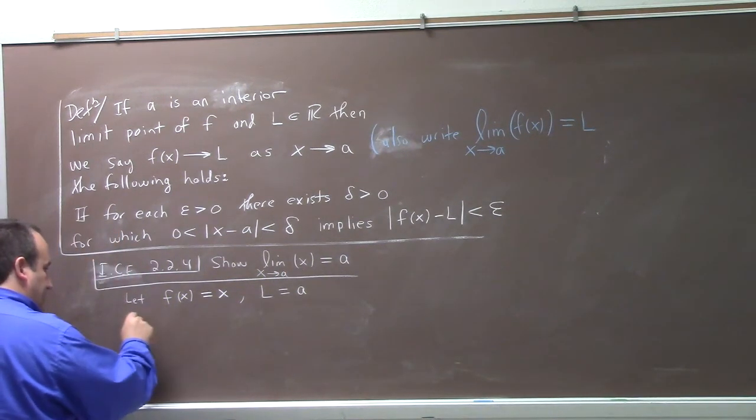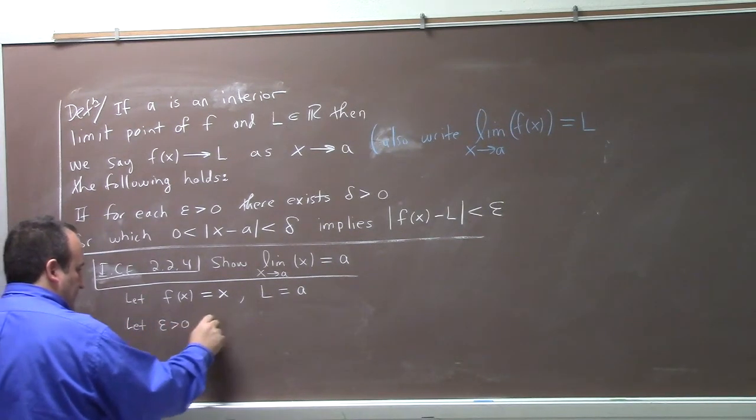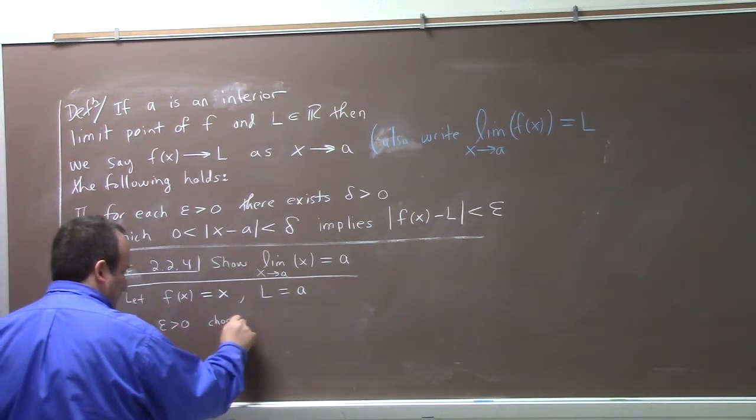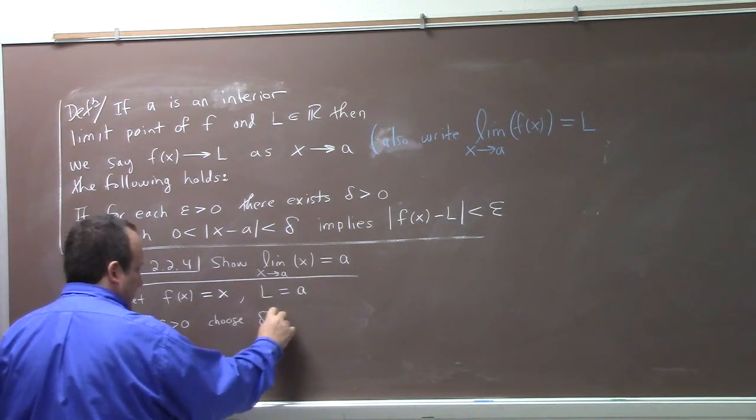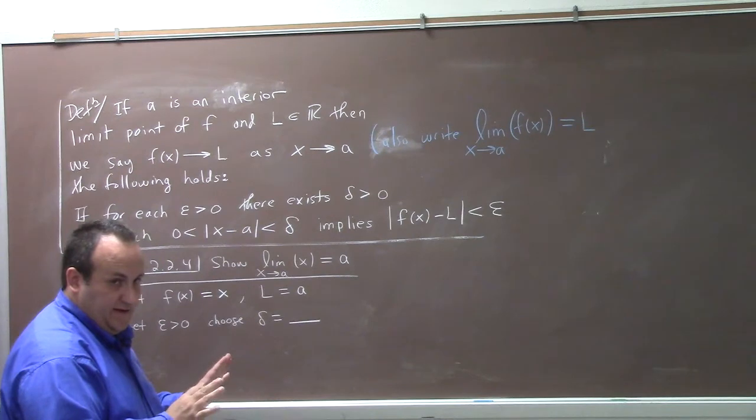So here's the proof. Let epsilon be greater than 0, and choose delta equal to something. I'm going to let us fill in that blank.